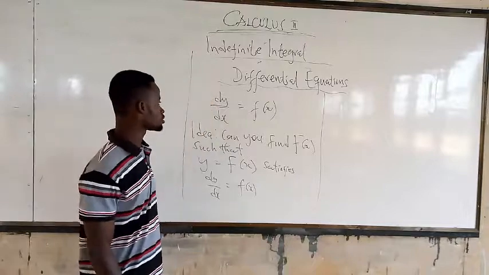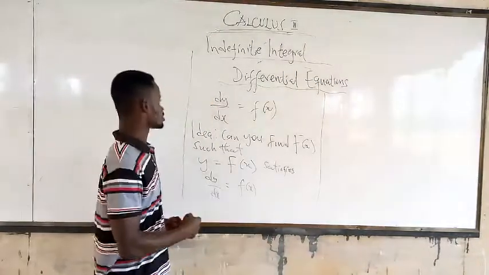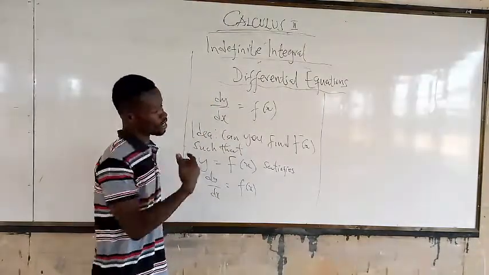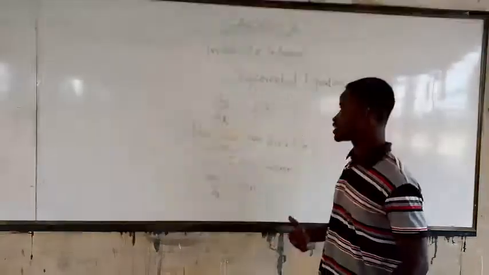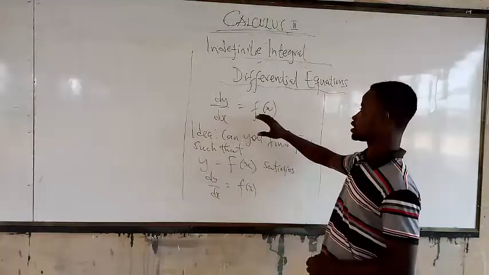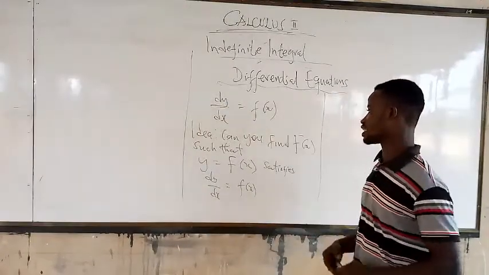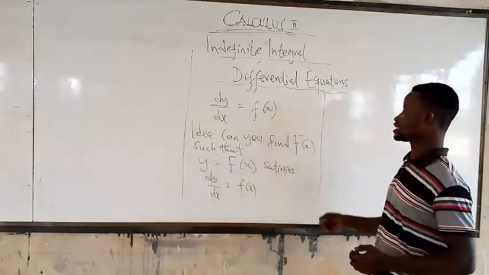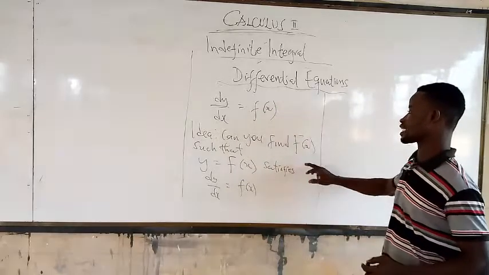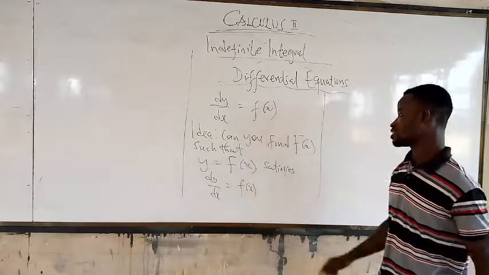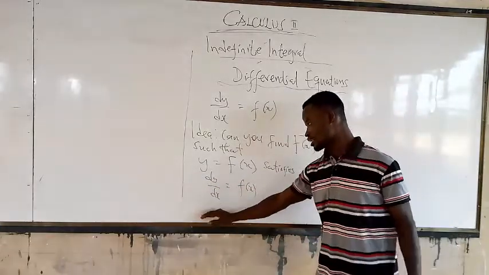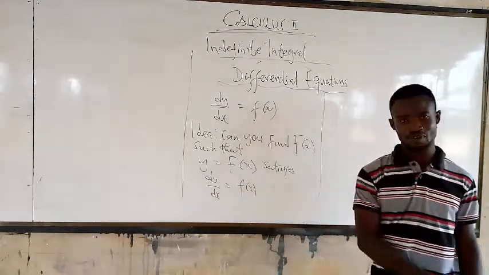Differential equations. A differential equation is an equation whereby we have a derivative in it. Alright? Okay. So for instance, looking at this one, the idea is: can you find the antiderivative, the capital F, such that y is equal to F that satisfies dy over dx equal to f of x?